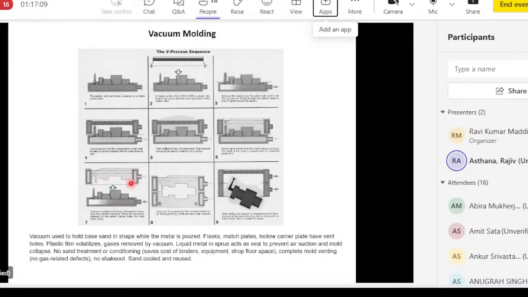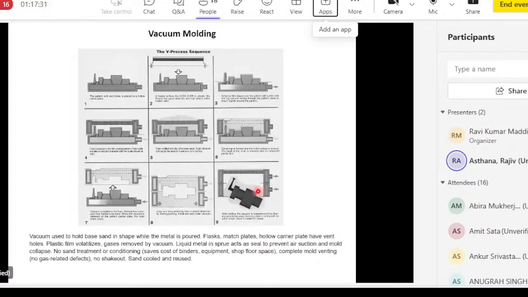So this is one half of the mold that is ready. You repeat the same step with the second half, the drag half, and make the matching halves. Put the two together, pour hot metal. And so in this kind of process, there is no shake out needed. Normally in green sand casting, you have to break the mold to recover the casting.